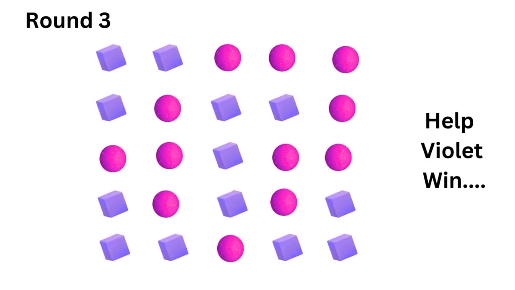Your time starts now, but it is about making Violet win this time. You can even pause the video whenever you want, and if you've done this in these 10 seconds, congratulations. And if you haven't, don't worry, you can just redo it.